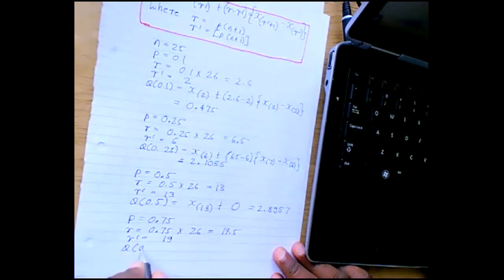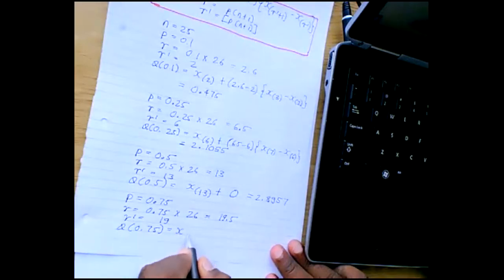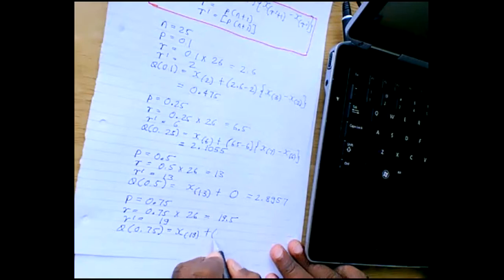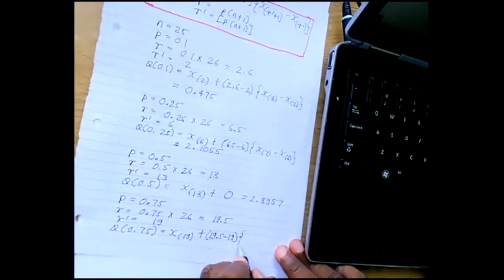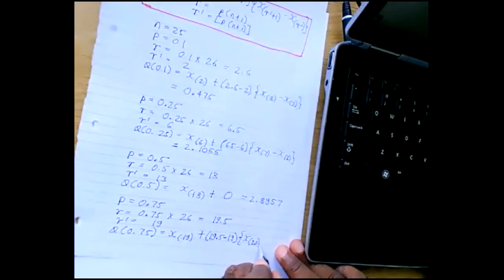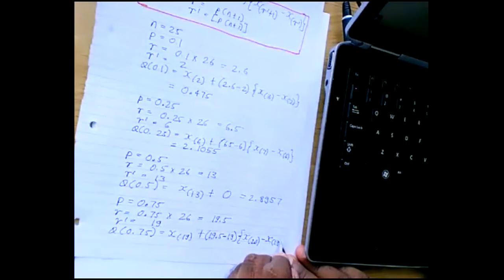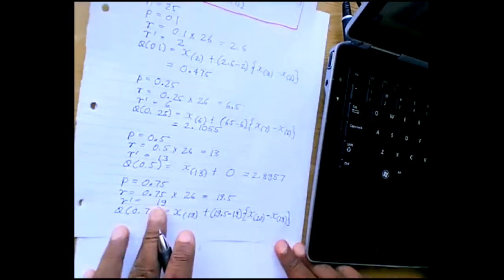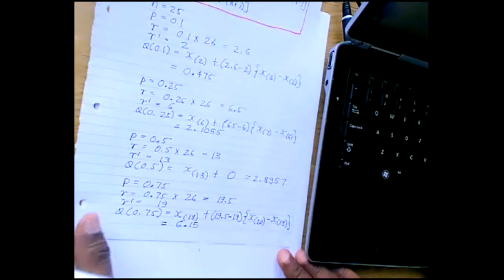So your Q at 0.75 is going to be equal to, using the formula... Now if you work this out, guys, you will get this to be equal to 6.15, right? So that's the third quartile.